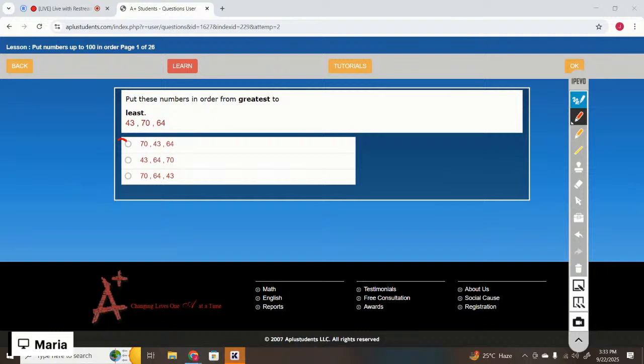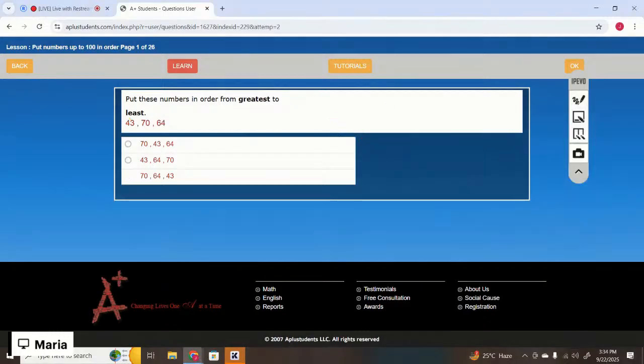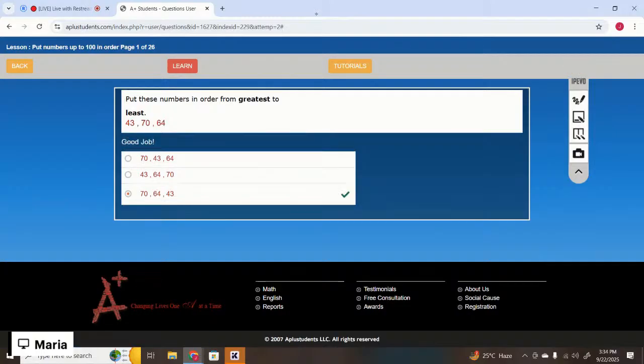When we count, the number that comes first is the smallest one. But here we have to write greatest to least. That is, 70 is the greatest one. Then we have 64 and then 43. That is 70, 64, and 43. Option number 3 is the correct option.